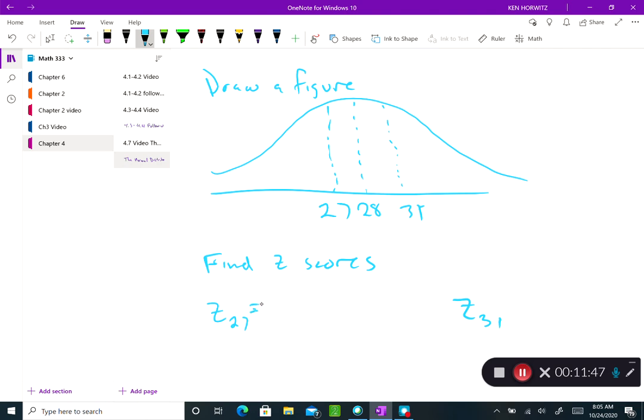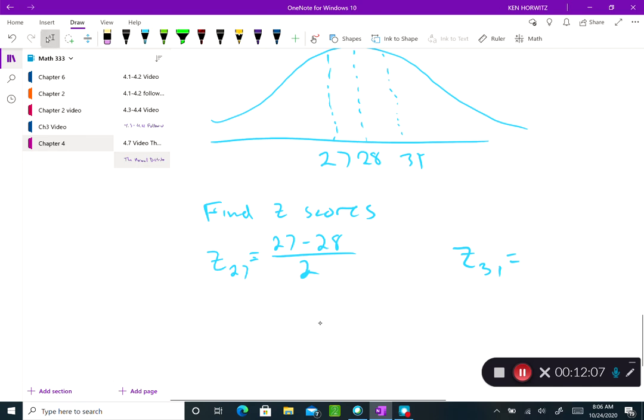That's going to help me know I'm on the right track if I get a negative number. So my z formula says x, which is 27, minus 28, which is our mu, over our standard deviation, 2. And I find that my z-score for 27 is negative 1/2.